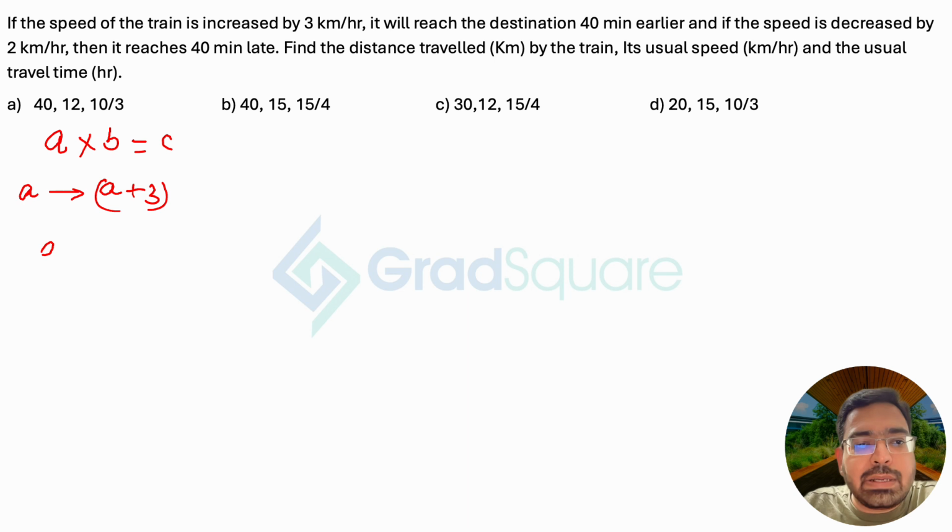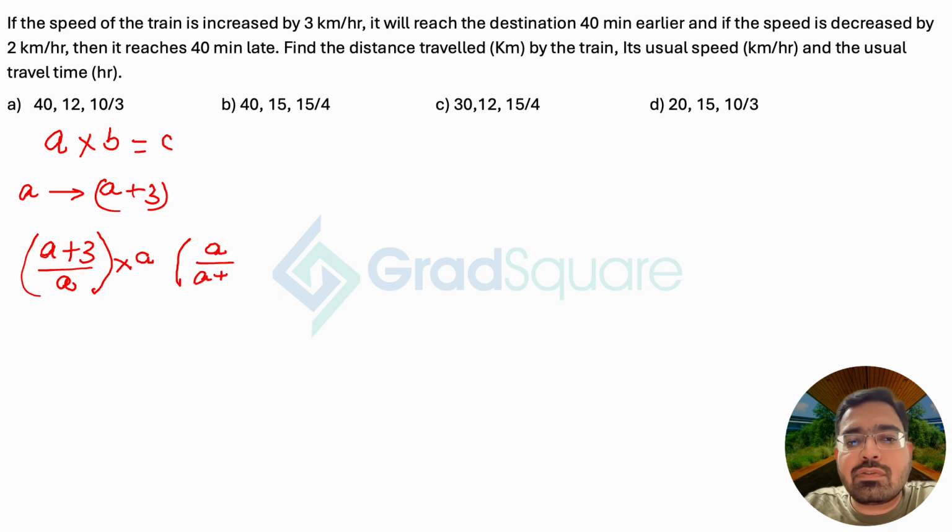So the new speed is actually what? A plus 3 by A times of the original speed, which is A, correct? So what will happen to my value of B? My value of B should actually become A by A plus 3 times of B. Then the distance will remain the same, correct?